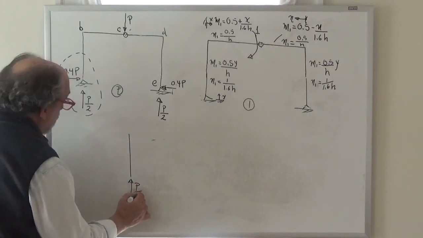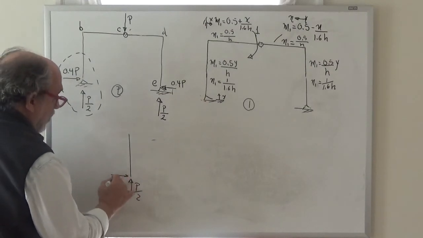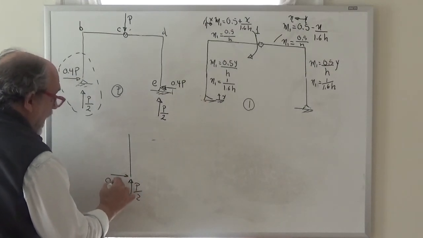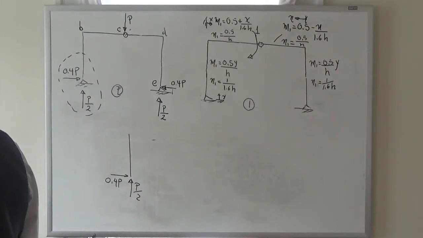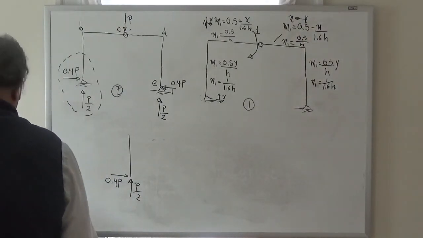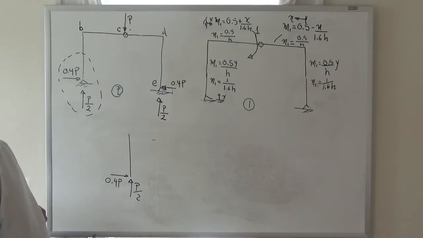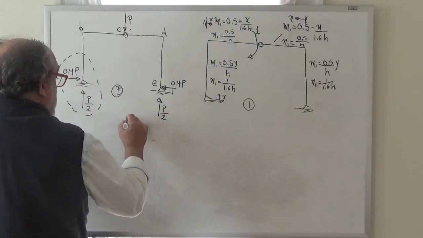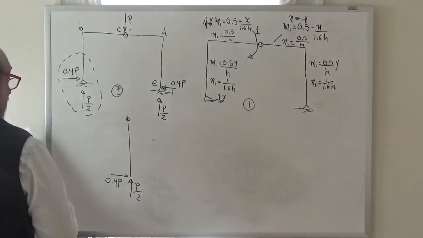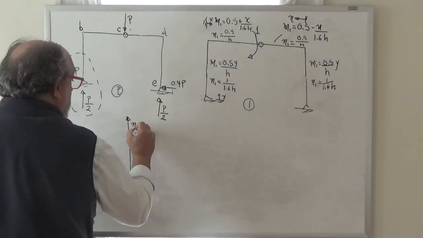We have P over 2 here and 0.4 P here, and we have a shear, an axial, and a moment at that location. And our sign convention, from before, is that this was taken going up. So I must say that this is NP.